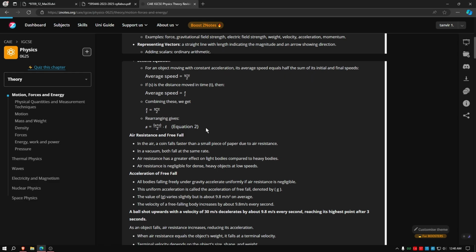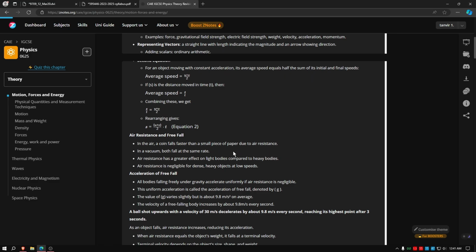Now we come to air resistance and free fall. What is free fall? What is air resistance? We'll get into it. In the air, a coin falls faster than a small piece of paper due to air resistance. True. Why? The coin is much denser and has a much smaller surface area, so the object is smaller in size, and a piece of paper is much bigger in size.